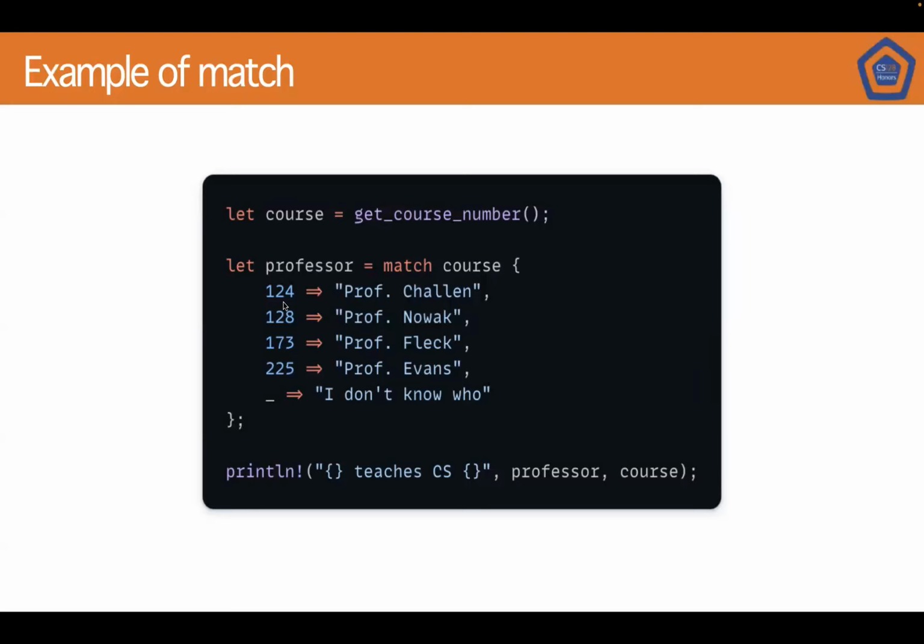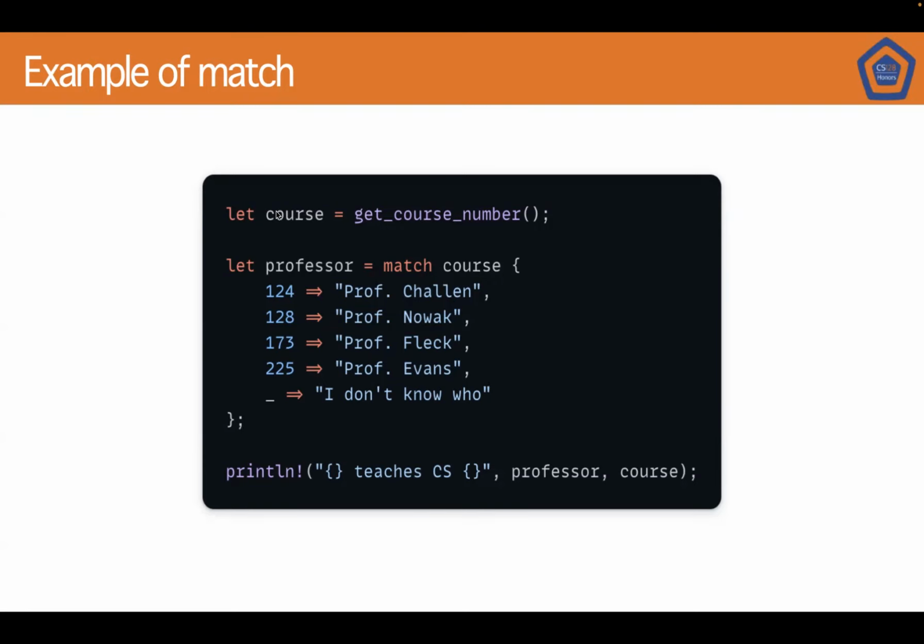So if we look at our match statement, when this is executed, it will compare the course value to each of the patterns in its 5 arms. In this example, the patterns are simply integers, since the value we are trying to match is also an integer. So let's say, for example, our course variable was the value 173.